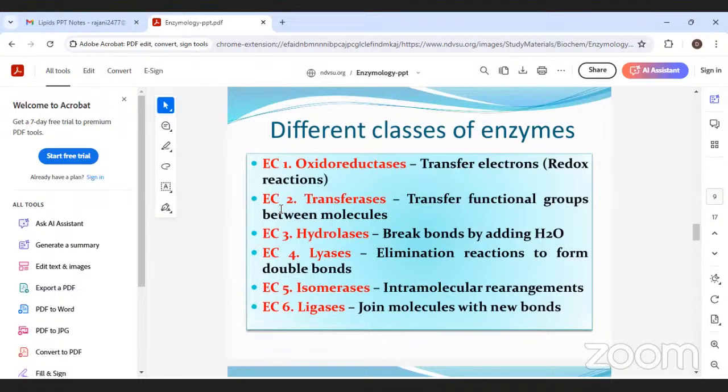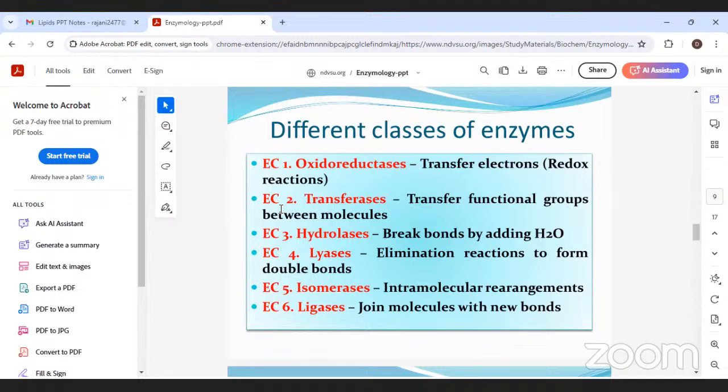The second one is the transferase enzyme. Transferase enzymes transfer functional groups between molecules. Next, hydrolases break the bond by adding water.